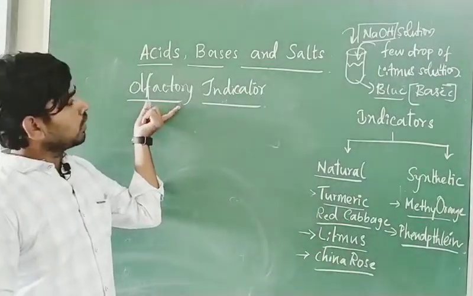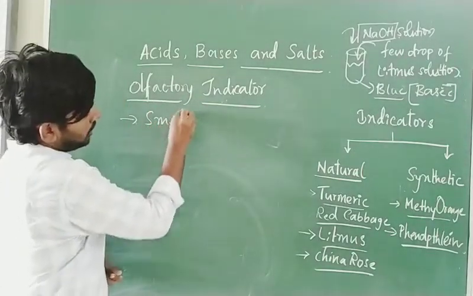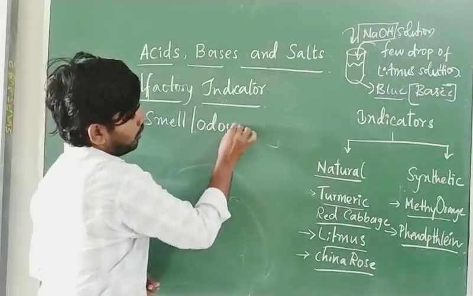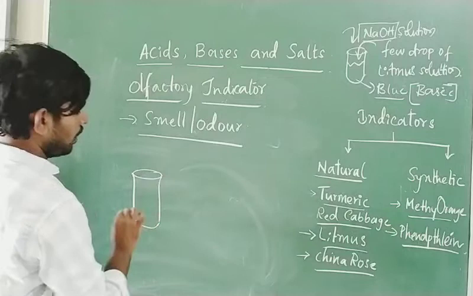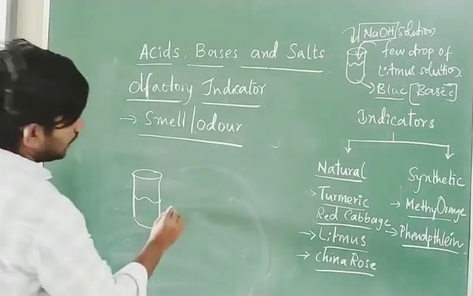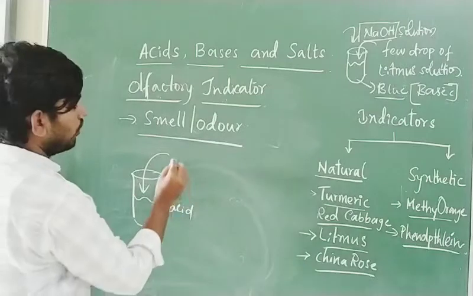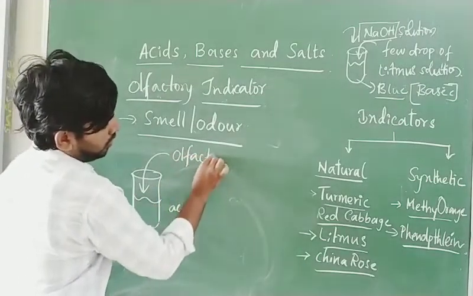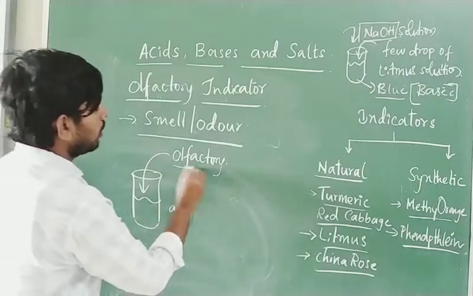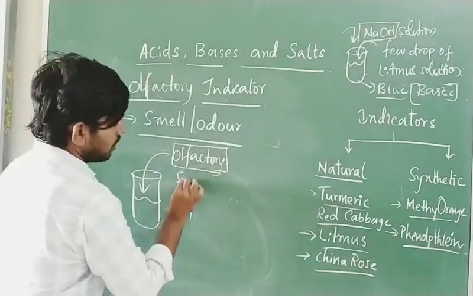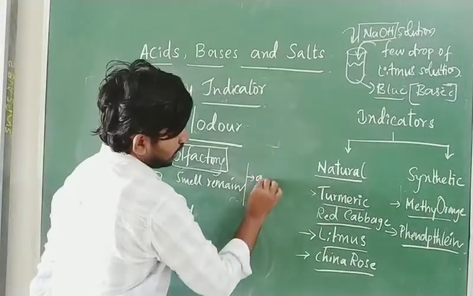We have indicators called olfactory indicators, which work by referring to the smell, what we call odor. We take a test tube with a solution, say an acid, and add the olfactory indicator. We see the smell of this olfactory indicator. If the smell remains constant, then we say it is an acid.